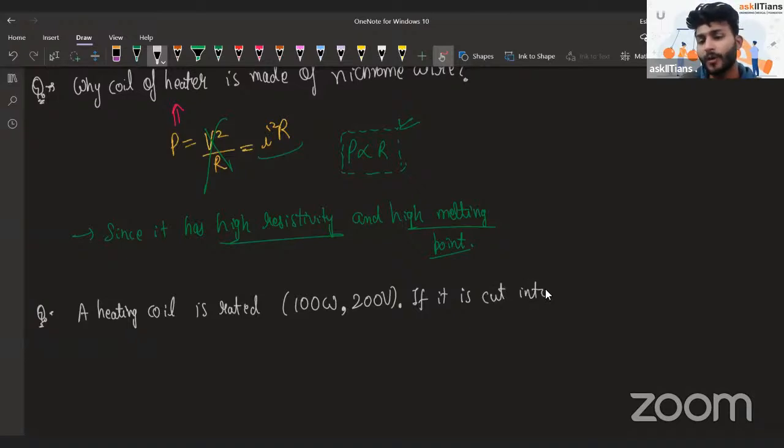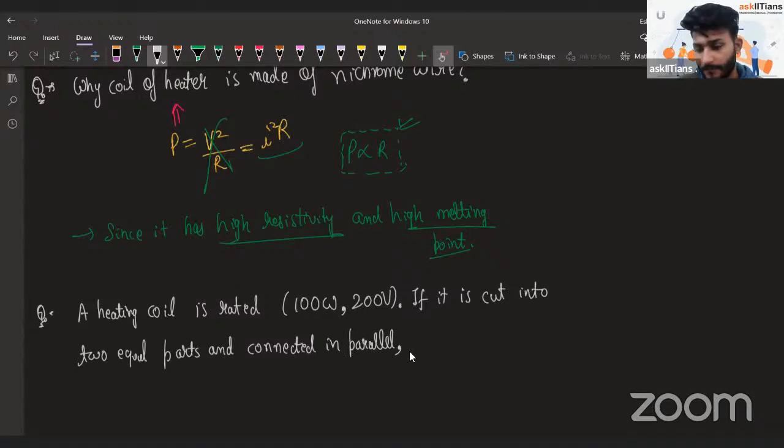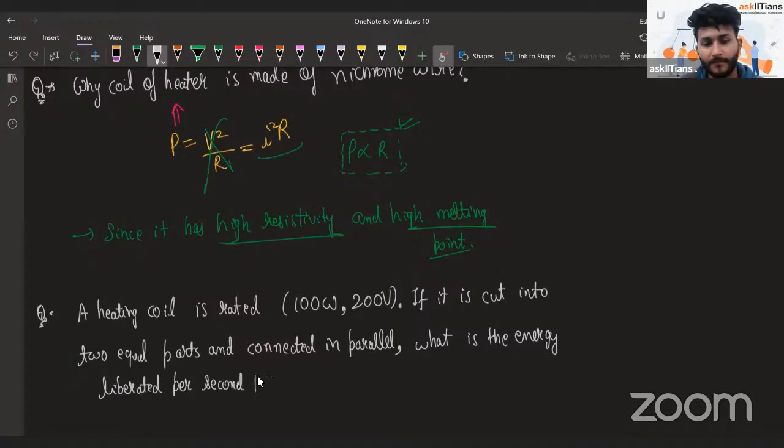If it is cut into 2 equal parts and connected in parallel, what is the energy liberated per second through the combination?